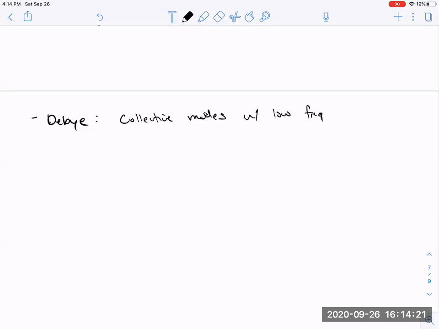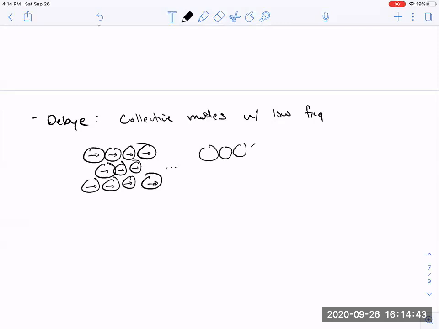His picture was really, if I think about this lattice, what if all of them displaced in the same direction? And had some oscillation that looked kind of like the drawing here.